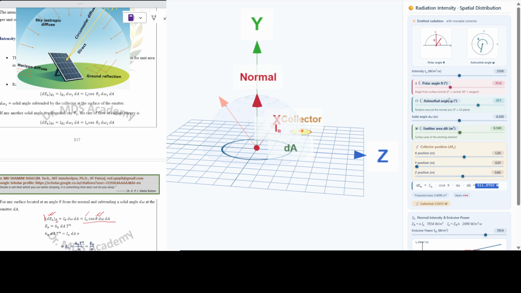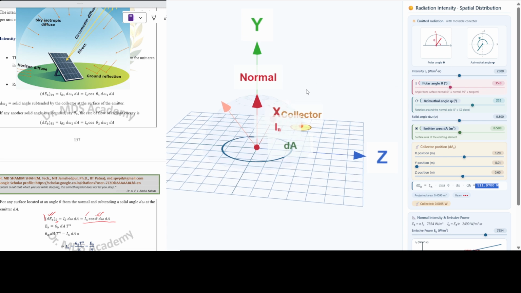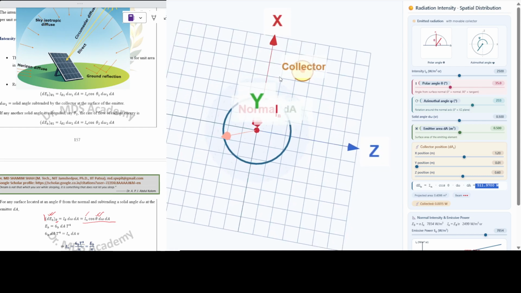Now the next is the azimuth angle. What is the azimuth angle? This is represented on the x and z plane. When you are changing this angle like this, does the azimuth angle affect the dEB value?